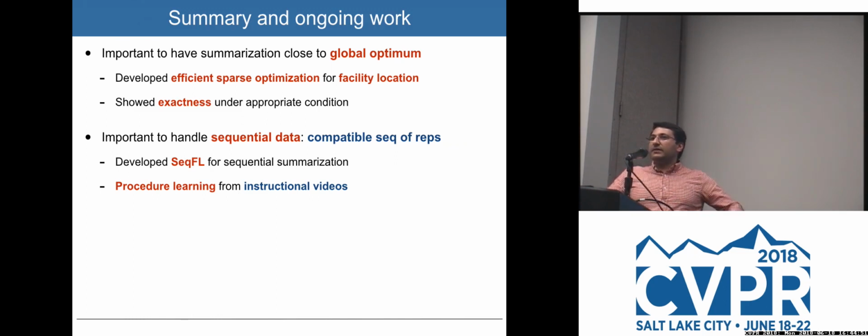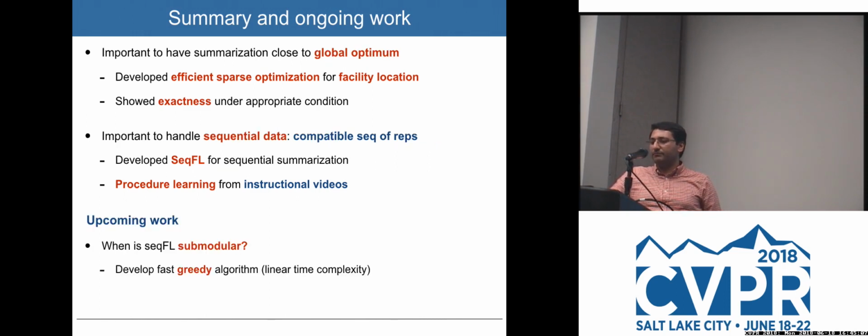What we did was to take the same facility location that we developed and generalize it to handle sequential data. I talked about procedural learning from instructional video as an important application of these tools and techniques. One interesting result that we have recently worked on, which is close to publication, is under what condition the sequential facility location is a submodular function.